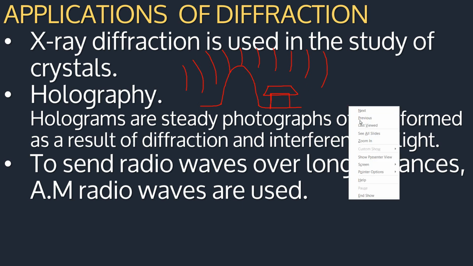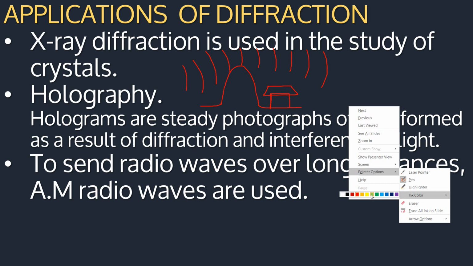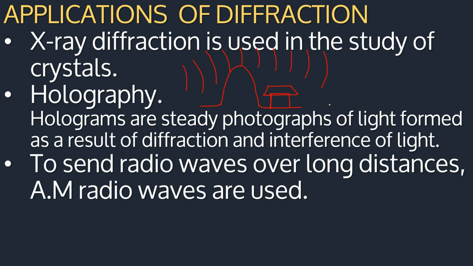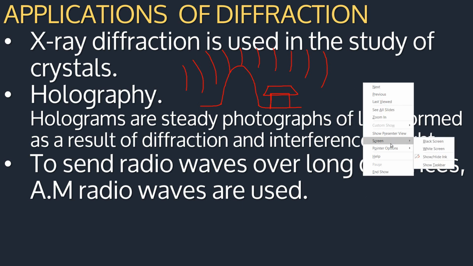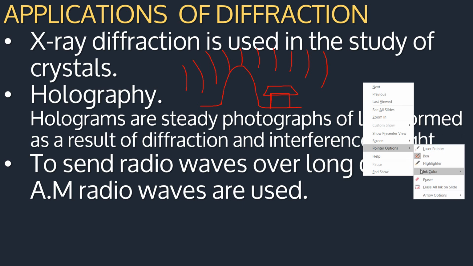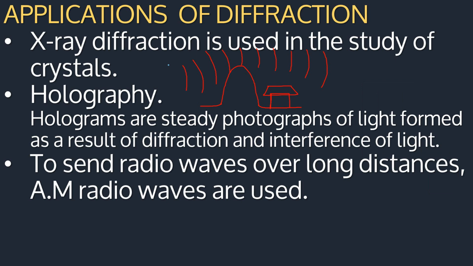Now on the other hand, the AM radio waves, they have a longer wavelength. So if the AM radio waves are incident, because they have a longer wavelength, they will be diffracted more.